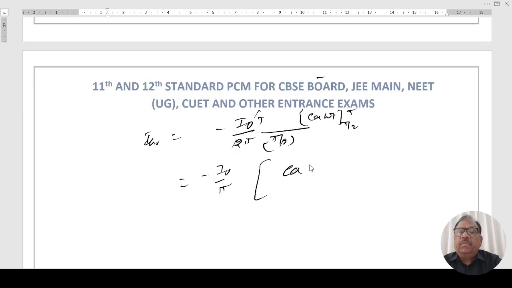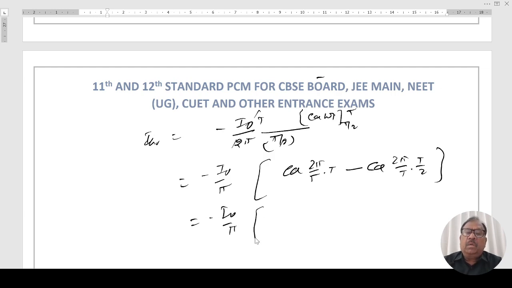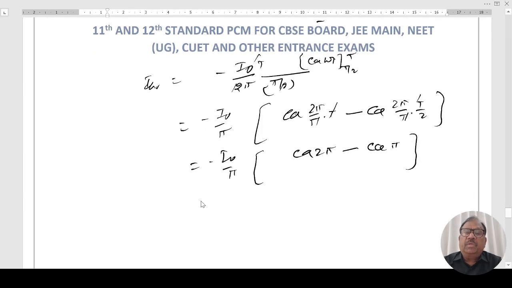Upper limit, cos of 2 pi upon T, since omega can be written as 2 pi by T, into T, minus lower limit, cos of 2 pi by T into T by 2. Then minus I naught upon pi, this goes cos 2 pi minus cos pi. On simplification, minus I naught over pi, this is 1 minus minus 1, since cos pi is minus 1.